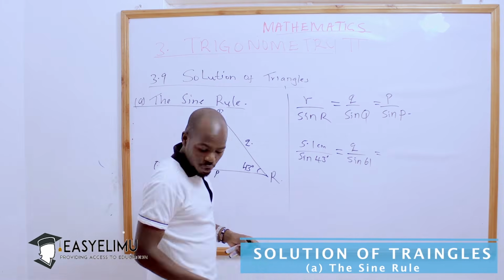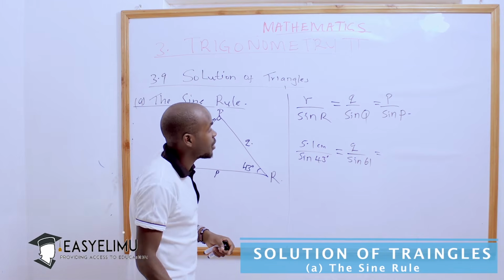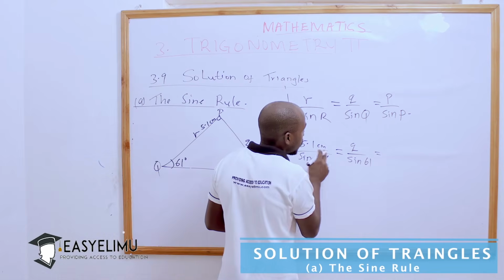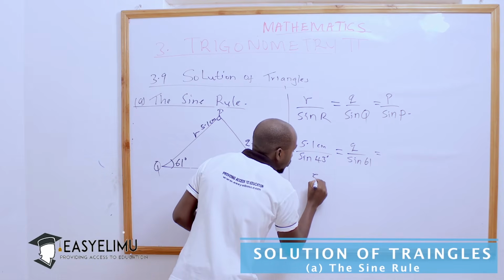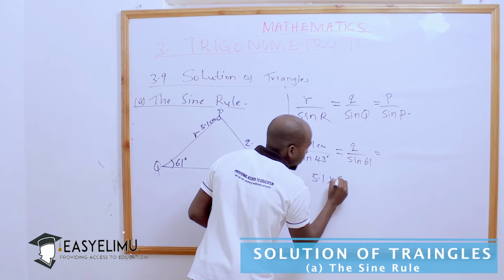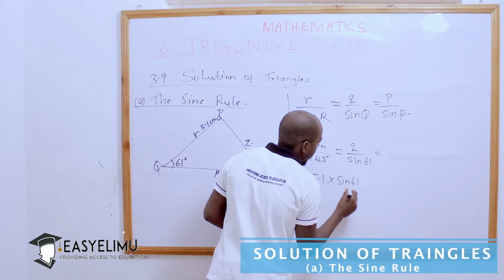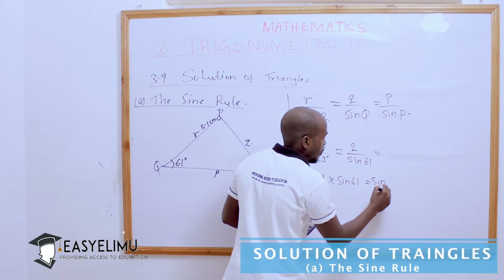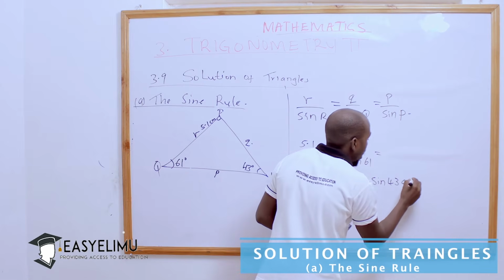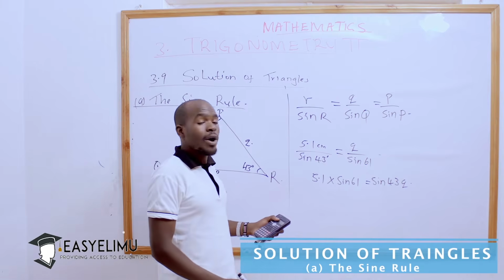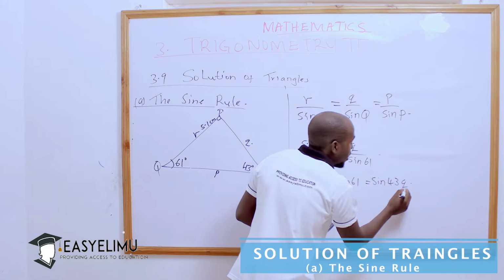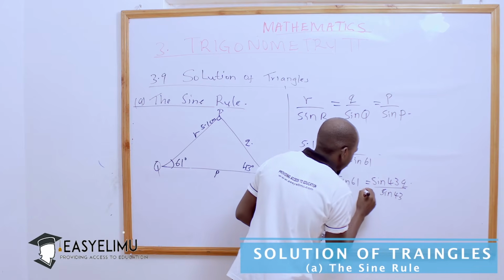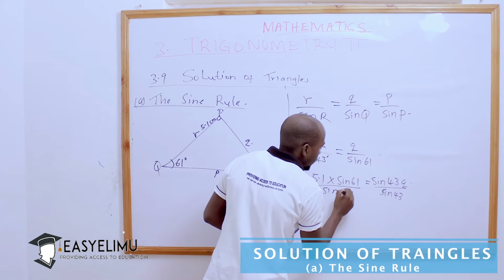Then we cross multiply, and we find that 5.1 multiplied by sine 61 is equal to sine 43 multiplied by q. If you want the value of q, you divide both sides by sine 43.